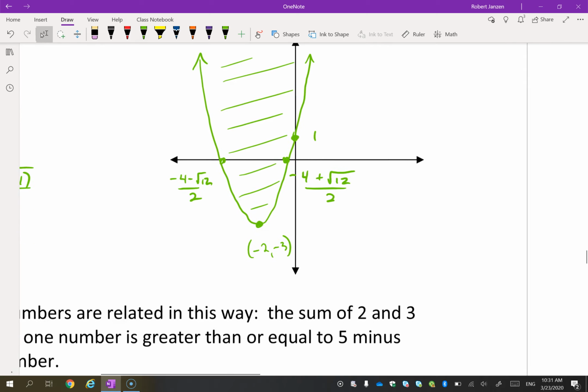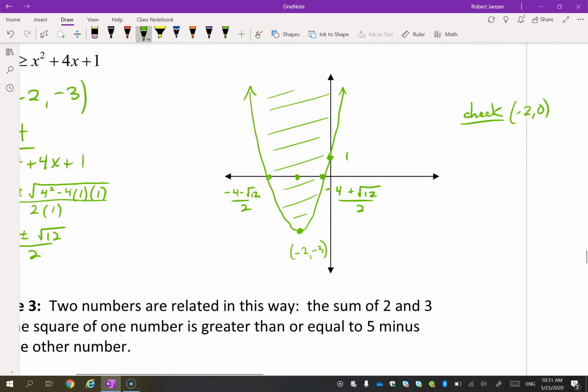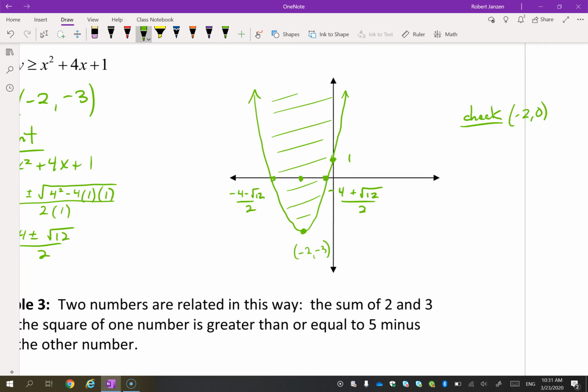Okay, again, quick check. If we check 0, 0, this time 0, 0, oh, that's still not in the solution. Let's pick a different point. Let's pick this one right here. Let's pick -2, 0. Now when you pick it, you have to be sure you know for sure where it is.